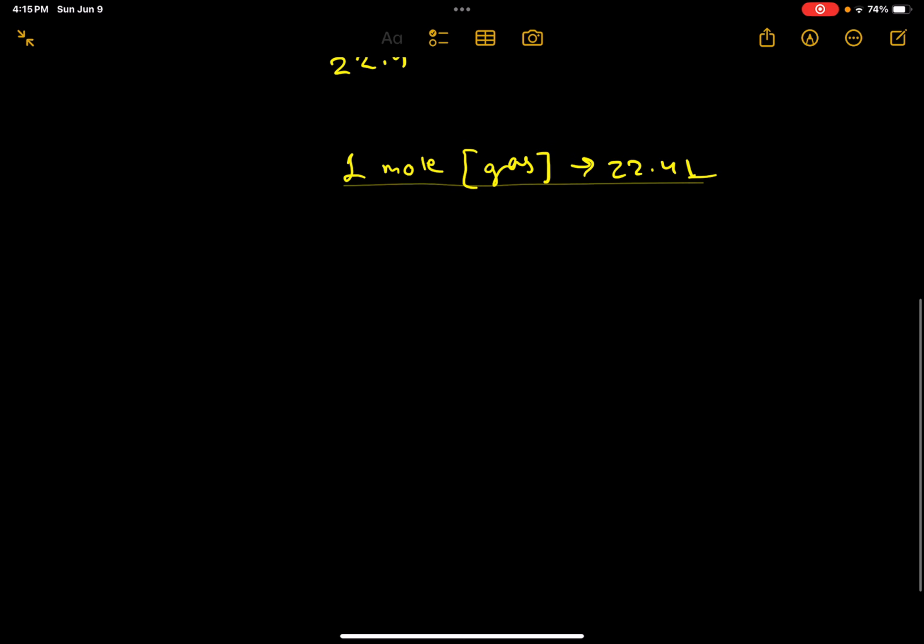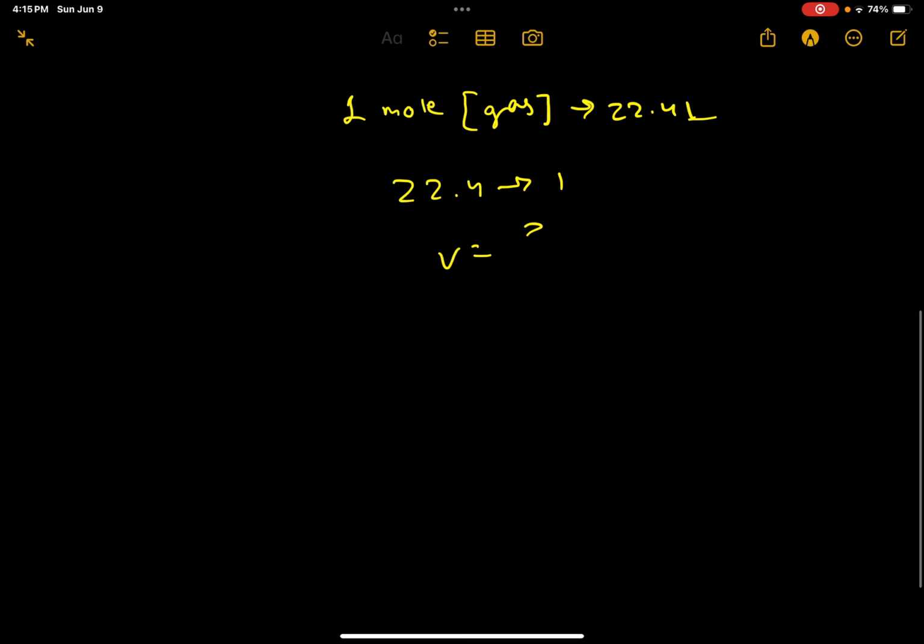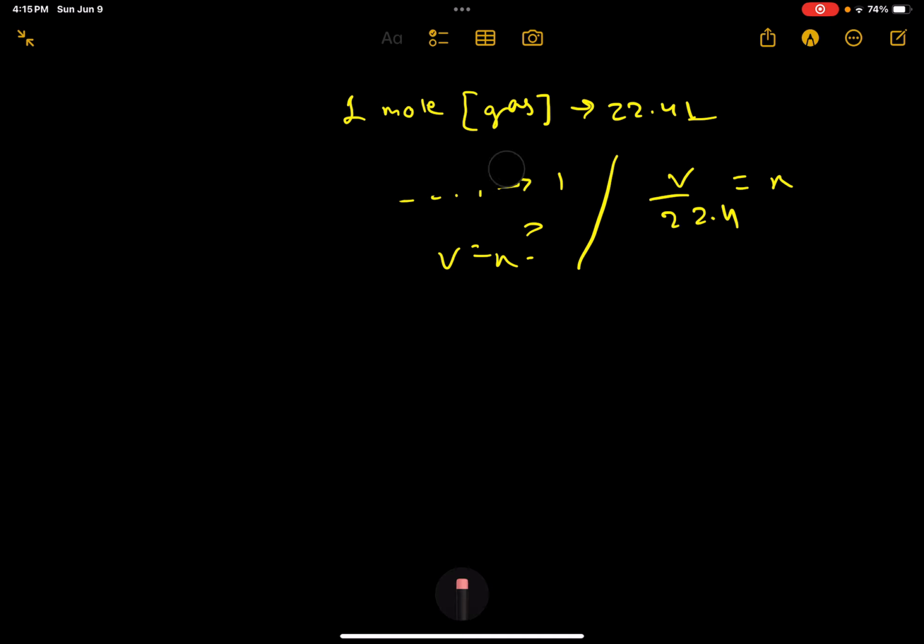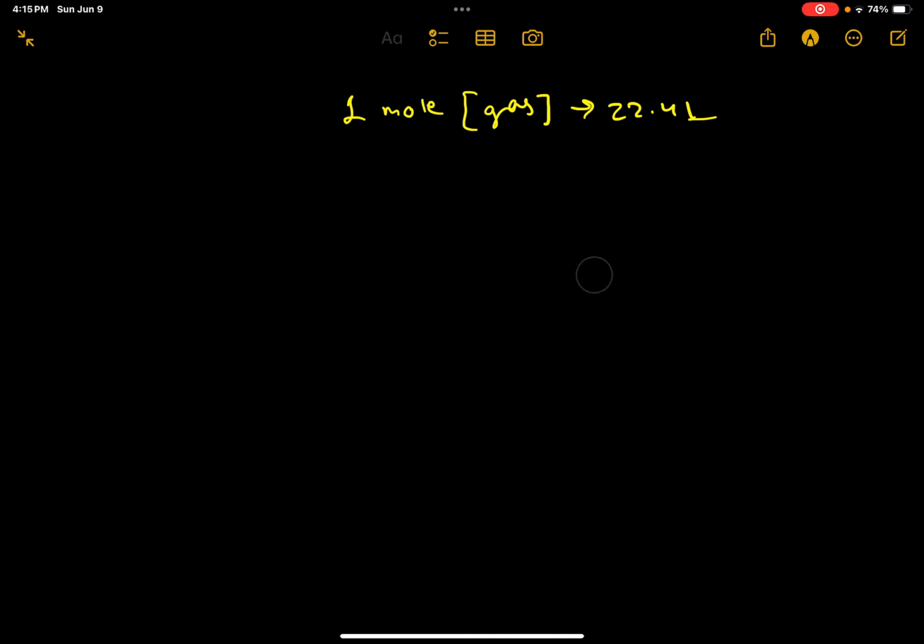So it means 22.4 liter equals 1 mole. Then V liter is equal to how much? That means V upon 22.4. So that is the amount of moles.